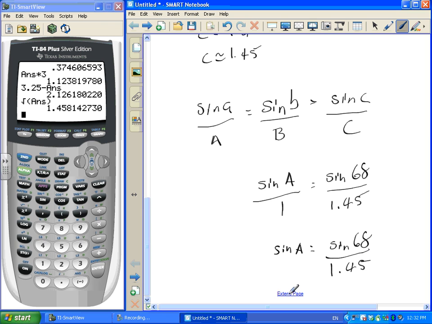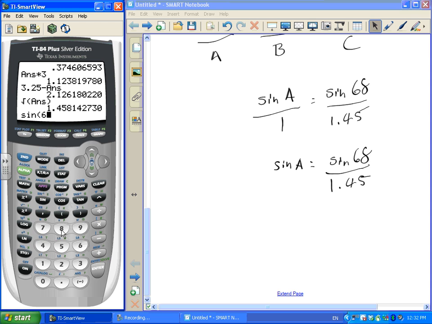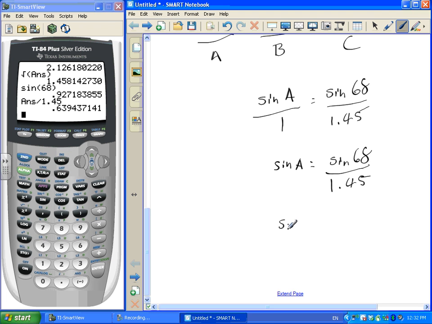We're going to equate that. So sine 68 divided by 1.45, we get sine A is 0.639.